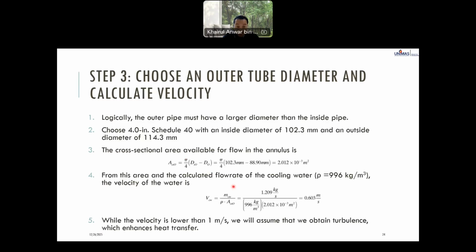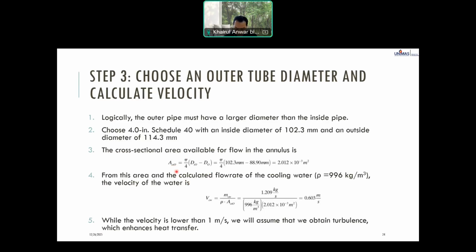So the cross section outside: pi over 4 times the inside diameter of the outside pipe squared minus 88.9, the outside diameter of the inside pipe, squared.